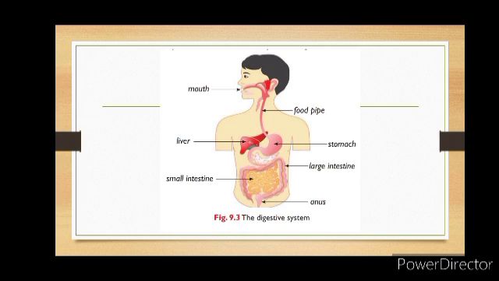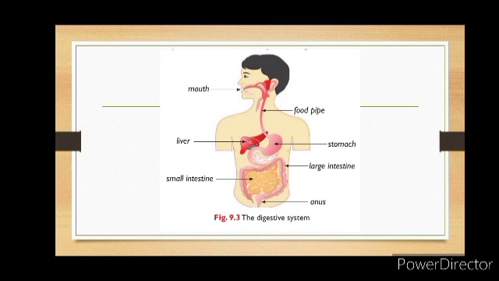The next important part of the digestive system is the large intestine. The undigested food from the small intestine comes into the large intestine.